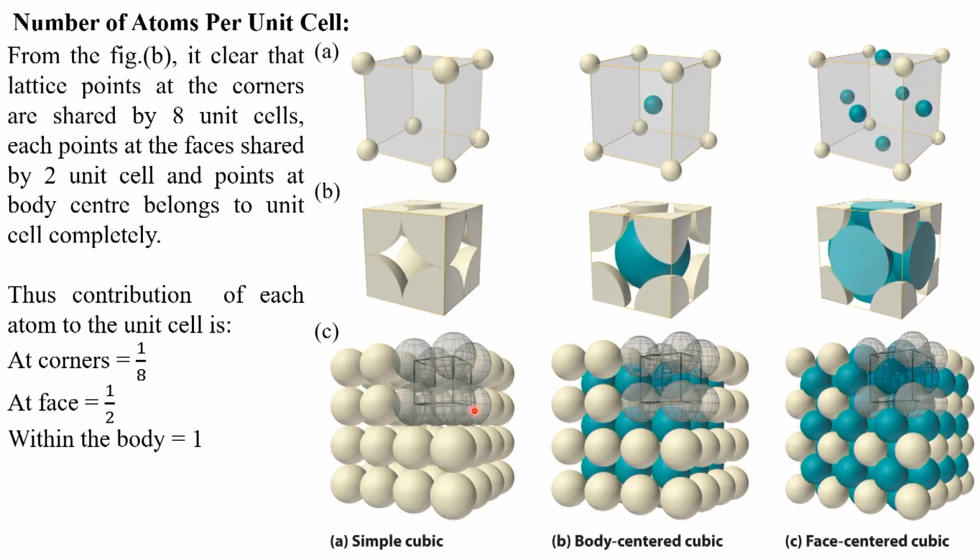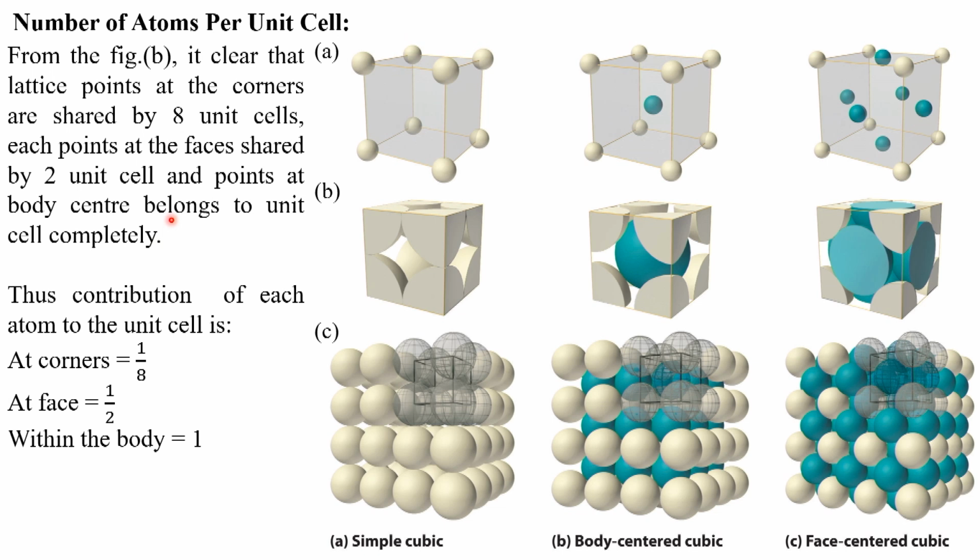Now, number of atoms per unit cell. From figure B, it is clear that lattice points at the corners are shared by 8 unit cells. Points at the faces are shared by 2 unit cells, and points at the body center belong to the unit cell completely.